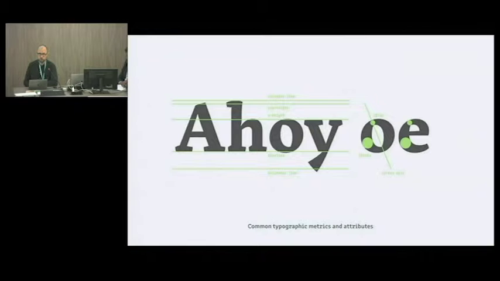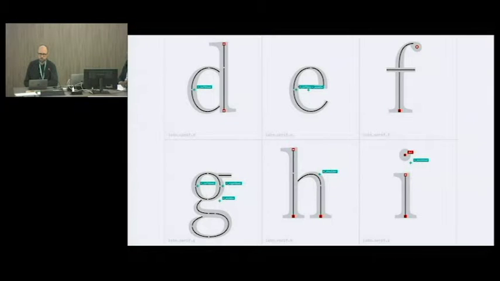And also, this is a very common illustration many typographers would have seen of typical global typographic attributes. So I'm using these kinds of theories to represent character, to create character concepts for each character shape that appeared in the study.